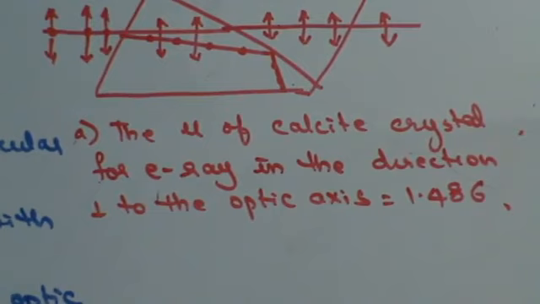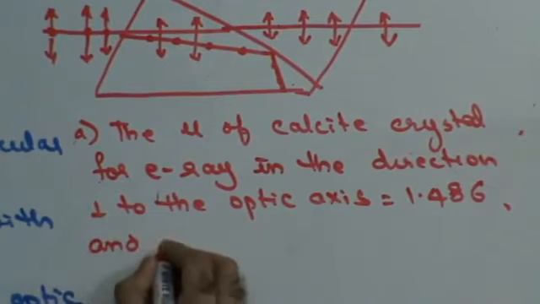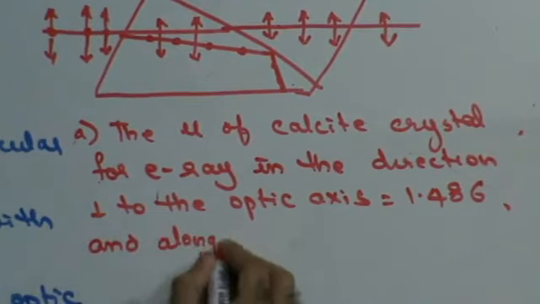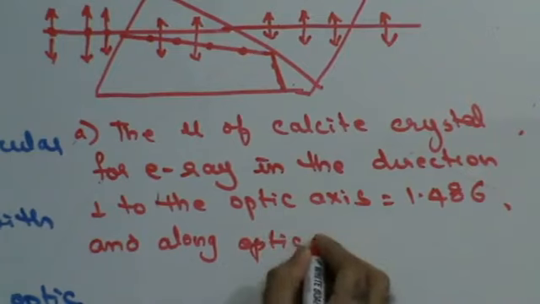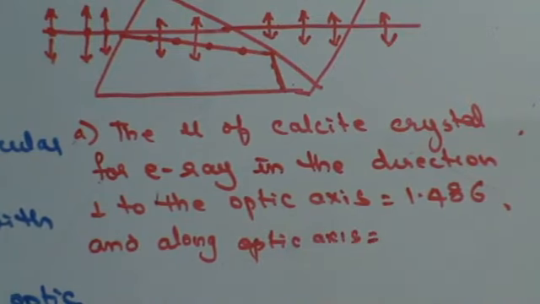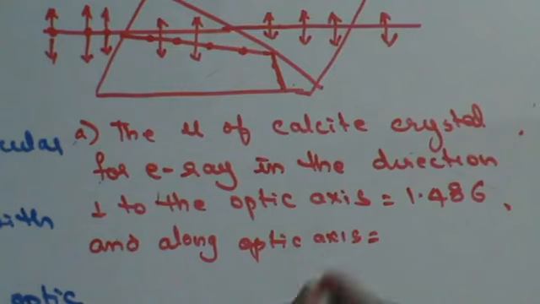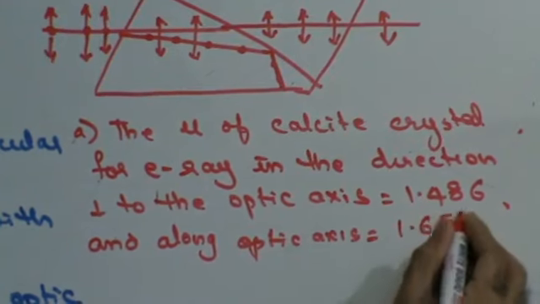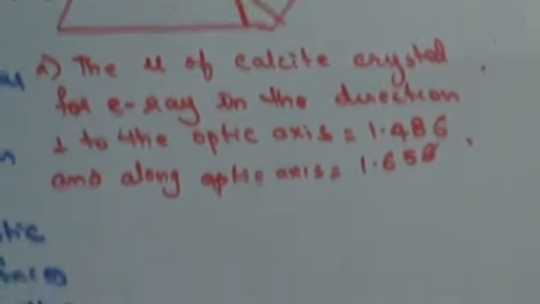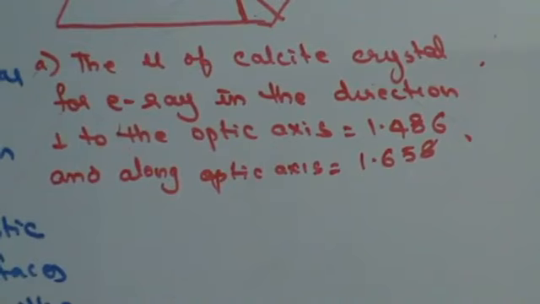And along the optic axis is 1.658, right? That means if the extraordinary ray is perpendicular to the optic axis, its refractive index is going to be 1.4 something, and if it is parallel to the optic axis, its refractive index is going to be 1.6 something.